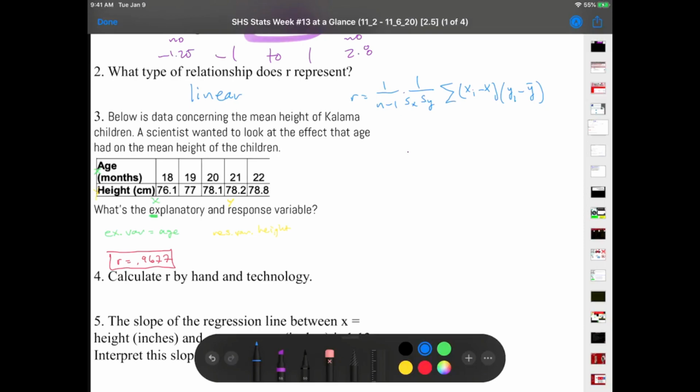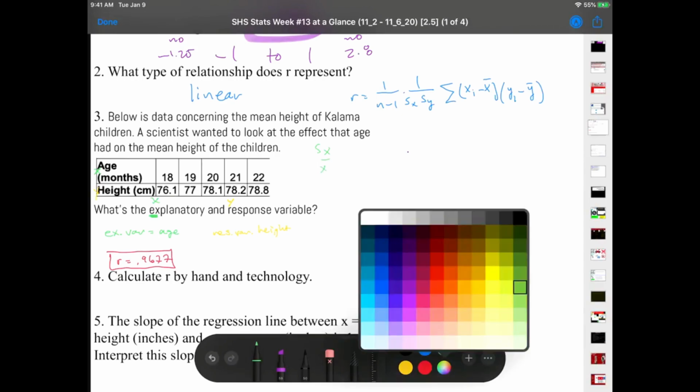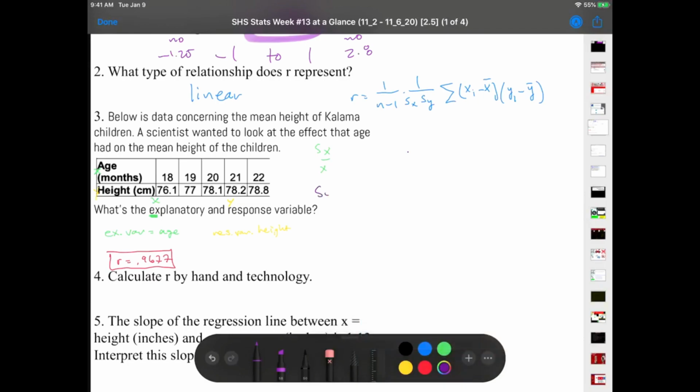Alright, so let's go back in the list and let's go get some information that we need. A couple of things, let's write this out. We need Sx and then x bar, and then we also need standard deviation of y and the mean of the y, or the second list.